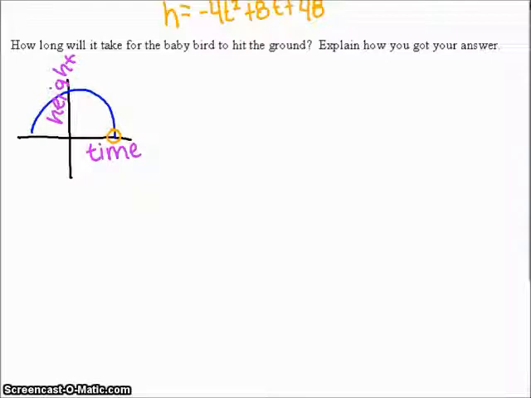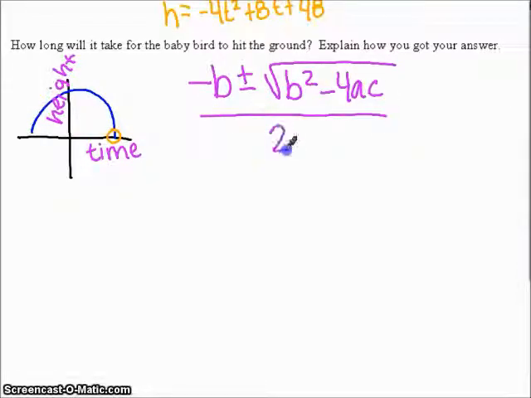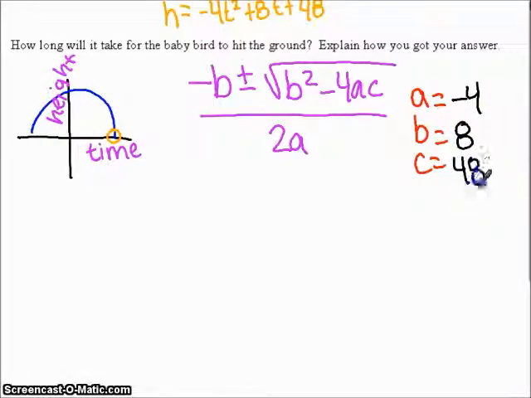So what I'd have to do to find the x-intercepts is use the quadratic formula, which is negative b plus or minus the square root of b squared minus 4ac divided by 2a. So after I have that equation, the first thing I'm going to do is identify my a, b, and c terms. My a, by looking at that equation, is going to be negative 4. My b is going to be 8. And my c is going to be 48.